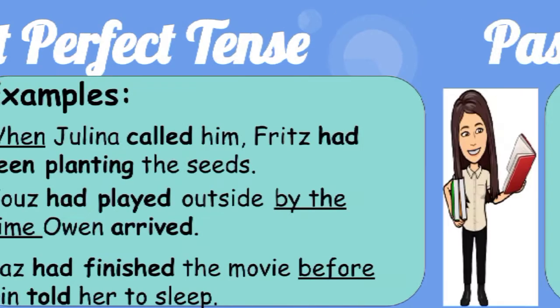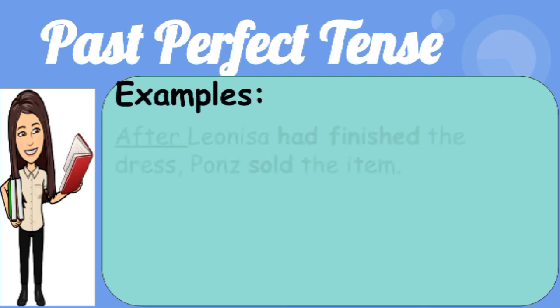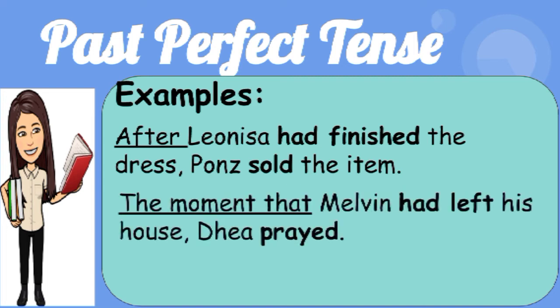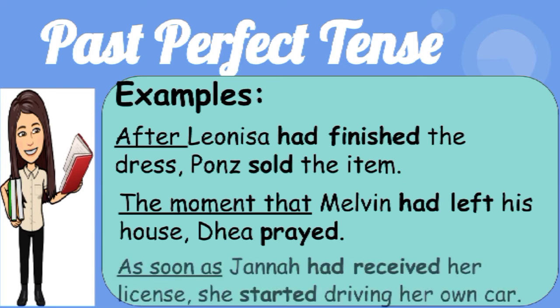Let's have another example. After Leonisa had finished the dress, Ponce sold the item. The moment that Melvin had left his house, Dea prayed. As soon as Jana had received her license, she started driving her own car.